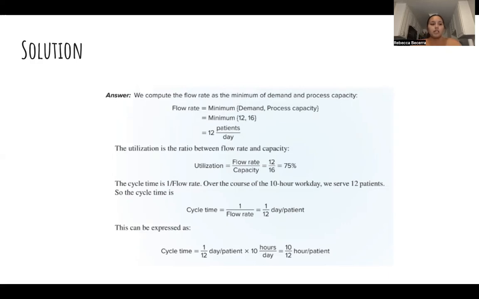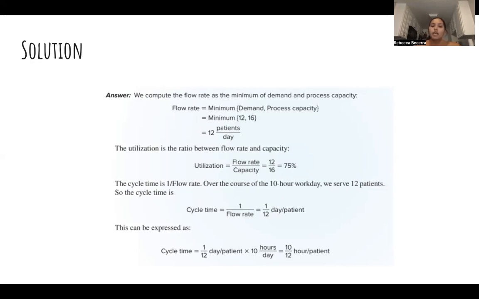Lastly, we are going to have a cycle time. Again, the cycle time is equal to 1 over flow rate. So in one day, how many patients is the doctor able to see? But what it's asking is, over the course of a 10-hour workday, if we only serve 12 patients, what is the cycle time? One day is 12 patients, which is on that first column, and on the very last one it can also be expressed as cycle time.